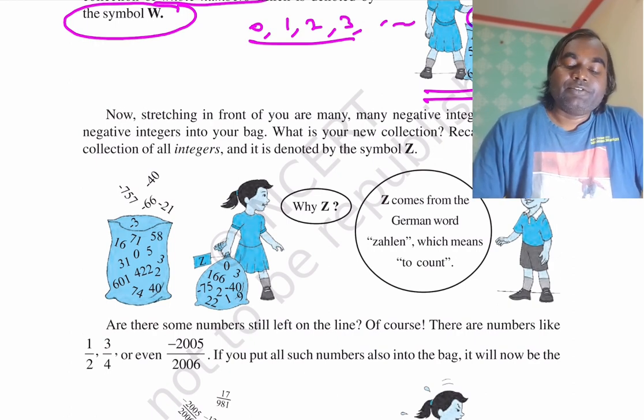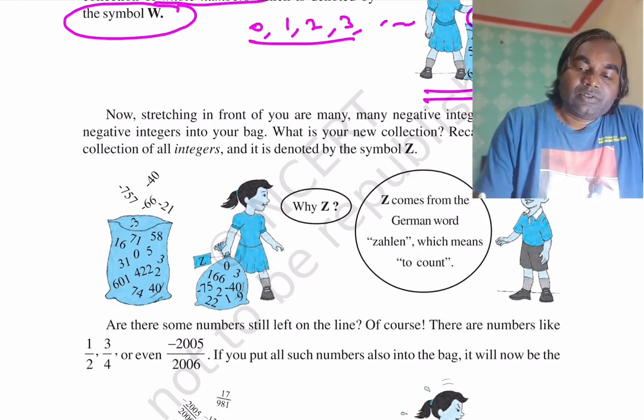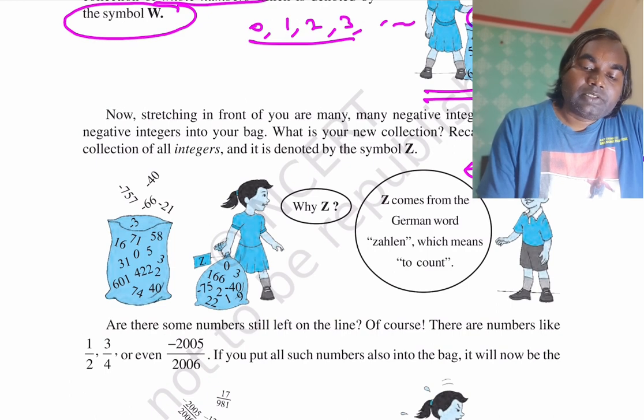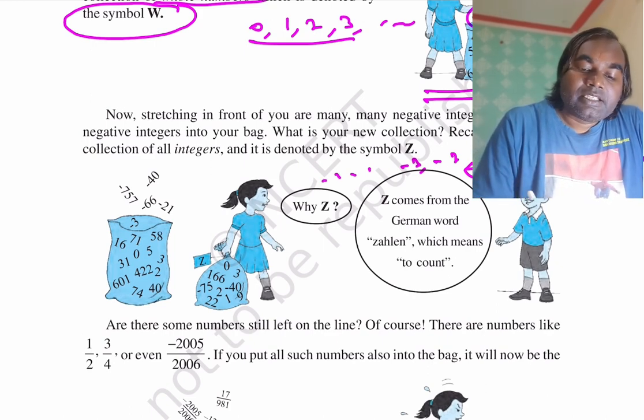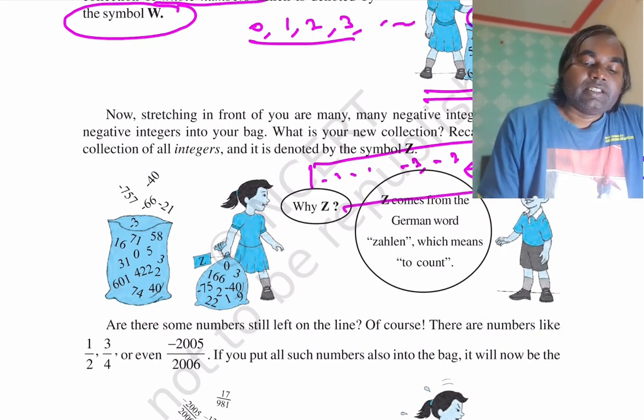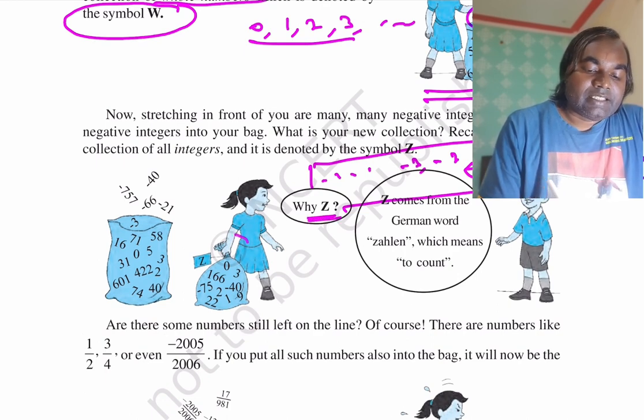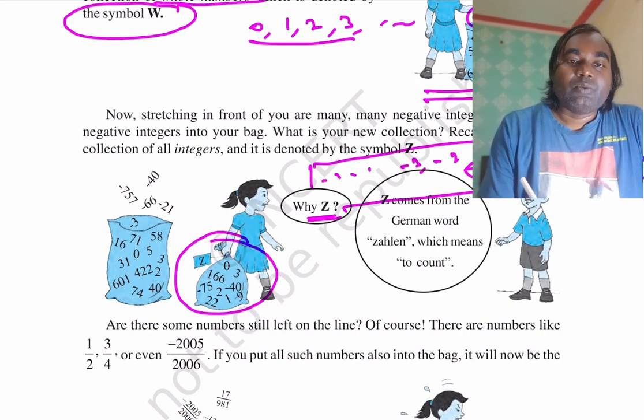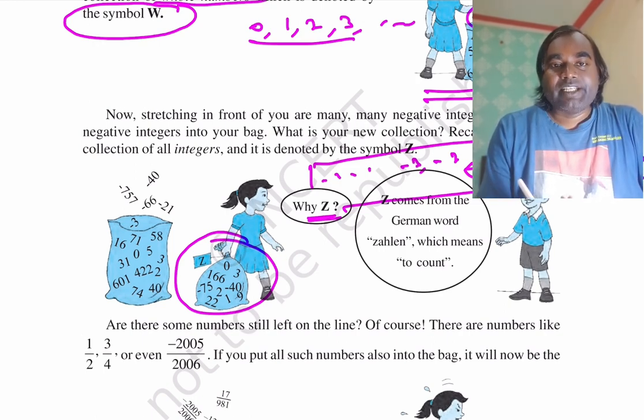That means if you are collecting 0, 1, 2, 3 and so on up to infinity, and going back on the number line collecting the negative numbers also, -1, -2, -3 and so on on the left side, then it makes the integers. The integers are denoted by the symbol capital Z. You can see here in this bag the numbers 0, 1, 2, 3, 4, 5 up to infinity, also containing -1, -2, -3 and so on.